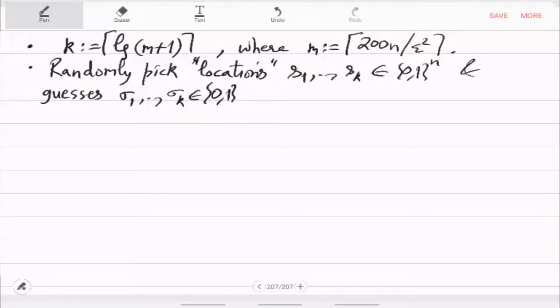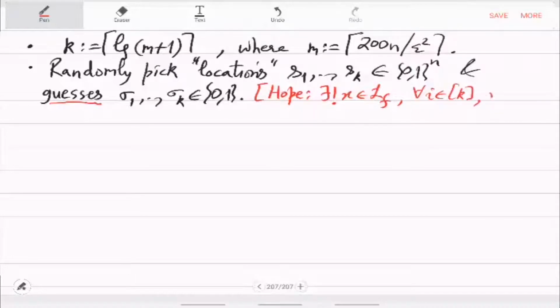Let me write that down. What does guess mean? We are hoping that there is a unique x in LF such that for all i, sigma i is x at S_i.